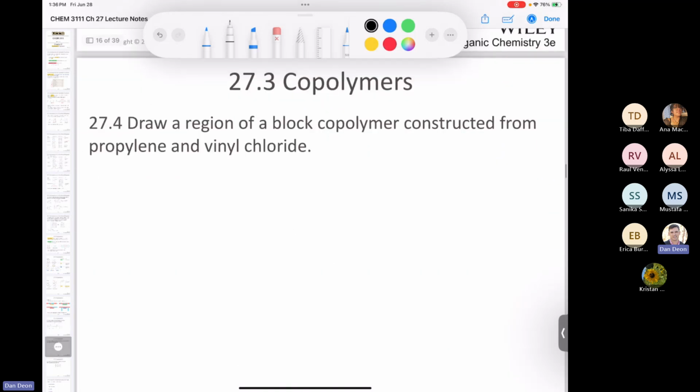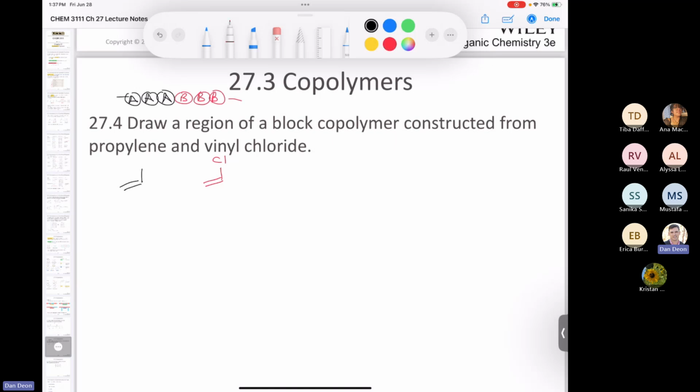It says draw a region of a block copolymer. So let's just try this. It's made from propylene, which is this compound, and vinyl chloride, which is this compound. So we'll do A and then we'll do B, something along those lines.